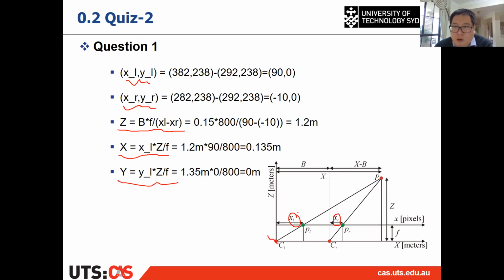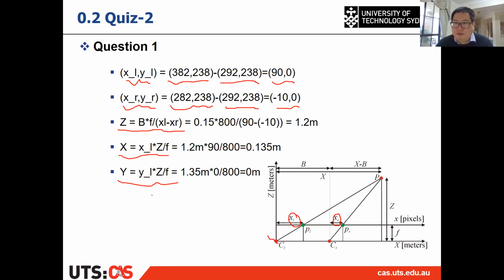Which means if you have the UV values for the features on the 2 images, the first thing is you need to subtract the principal point. Then you get xl, xr, yl, and yr, which you can use in the following equations.